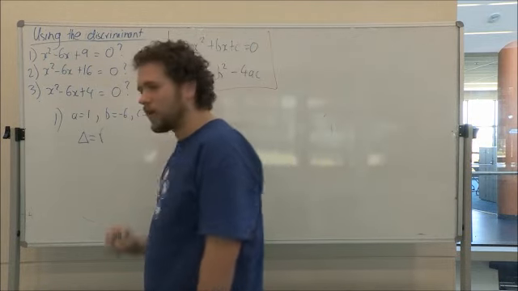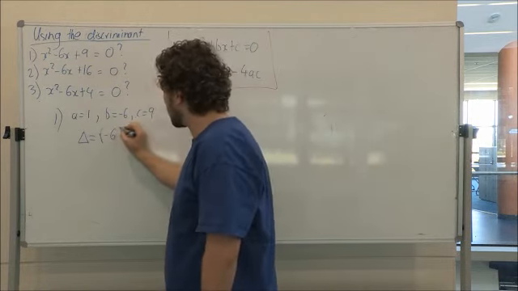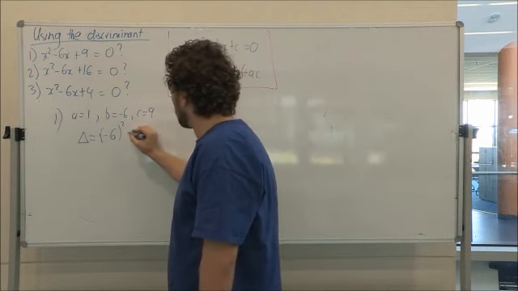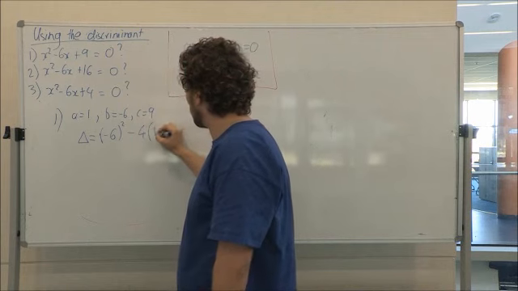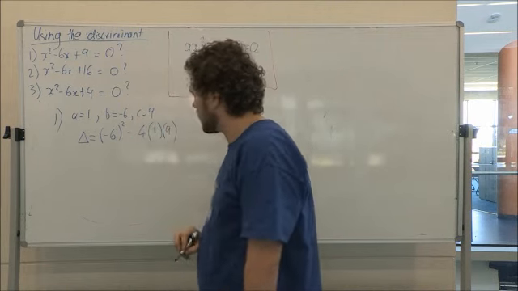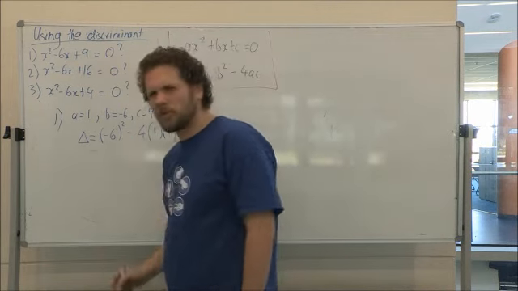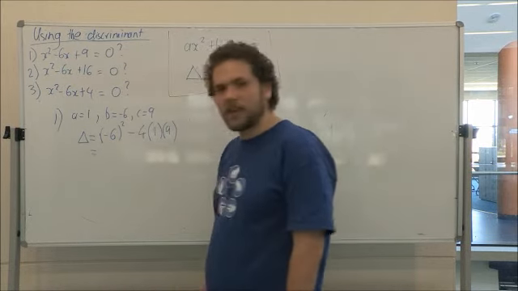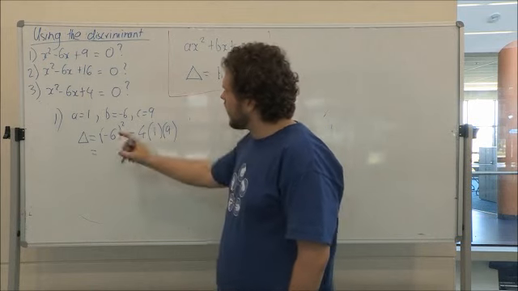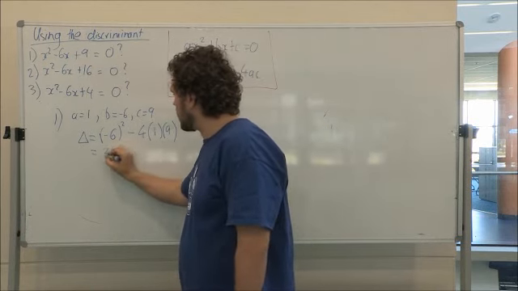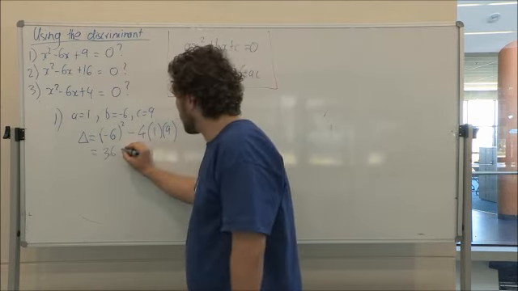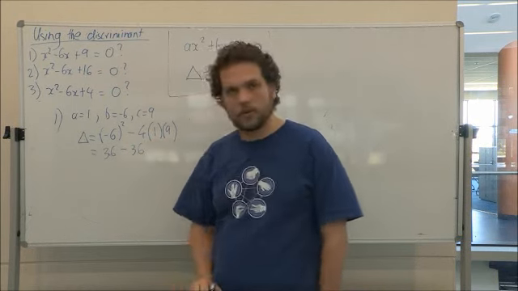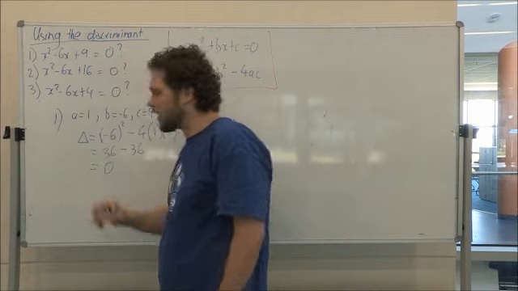So I'm going to have, always use brackets once you've got a negative number, just reminds you, (-6) squared minus 4 times 1 times 9. Always put this substitution line in, don't try to do it in your head, because invariably the negatives will get you. So we have 36 minus, hopefully, 36, who would have thought, and we get 0.